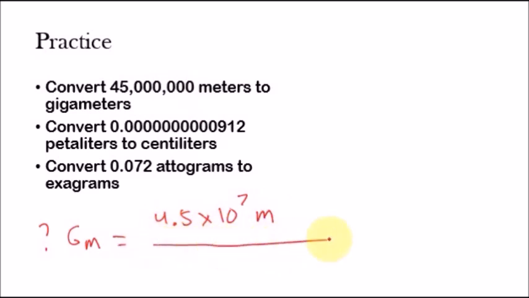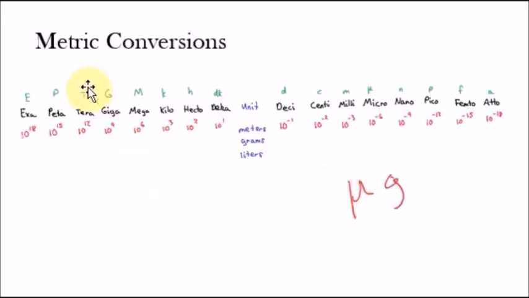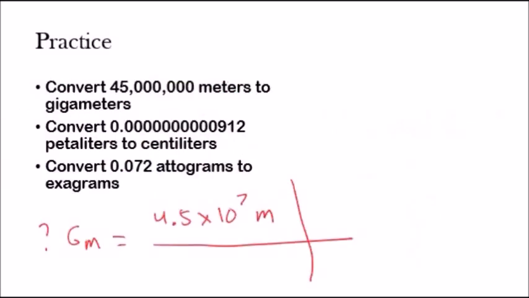And then we set up this little grid like this, and then we start using conversion factors. Our chart told us that there are 10 to the 9th meters in 1 gigameter. So that's our conversion factor. And then look, the units cancel out: meters cancels with meters, and you're left with gigameters.